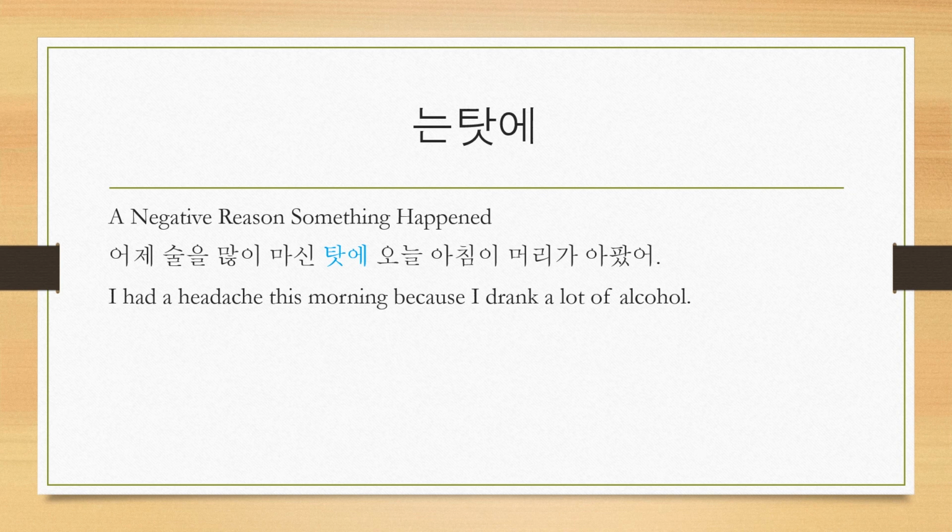So 어제 술을 많이 마신 탓에 오늘 아침이 머리가 아팠어요. So I had a headache this morning because I drank a lot of alcohol. So this is the reason, right? The reason is he drank alcohol. The outcome is his head hurt. And the connection between the two clauses is 탓에, and it's a negative thing that happened.